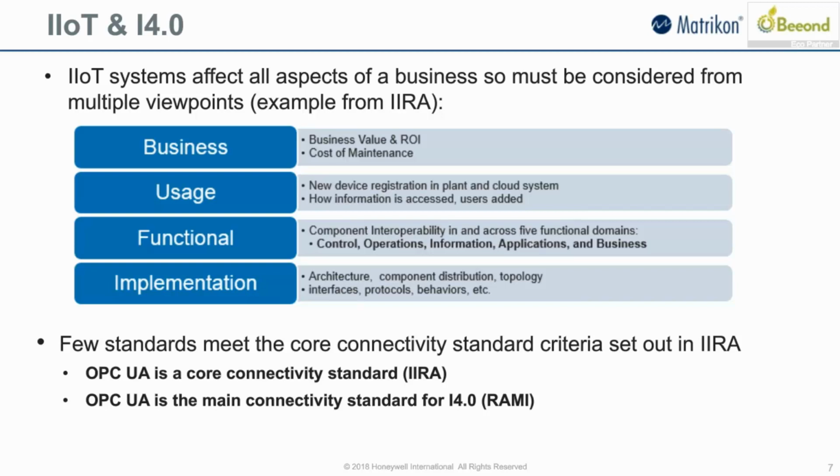Both of these organizations went through and started to evaluate and identify which connectivity standards out there would qualify to be considered a core standard. And OPC UA shows up on both radars. So the IIC considers it a core connectivity standard. There are others, and I'll be showing you a slide in a second that describes that.